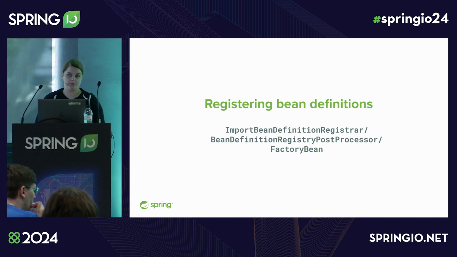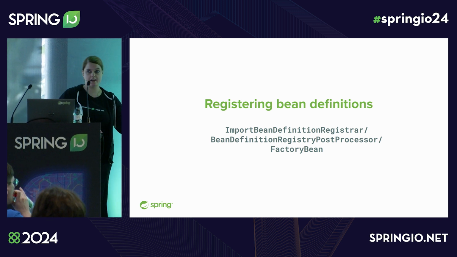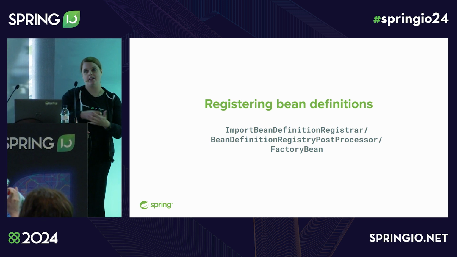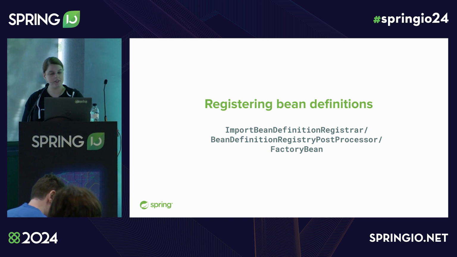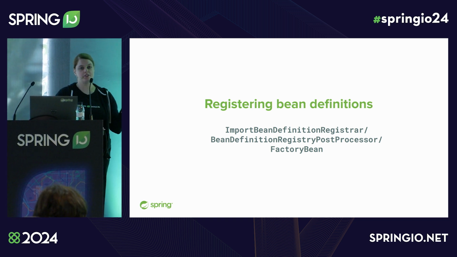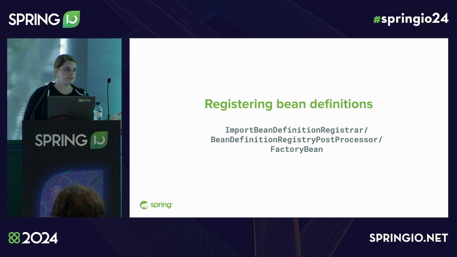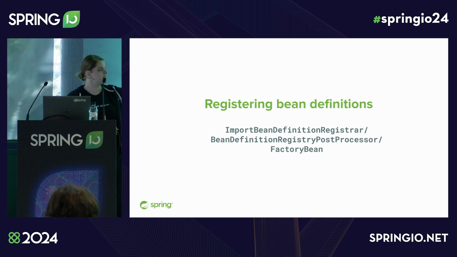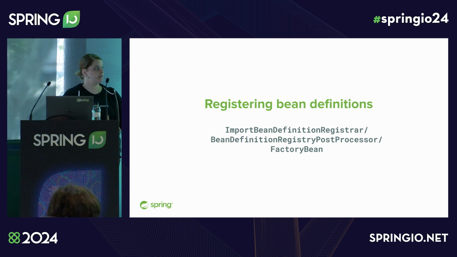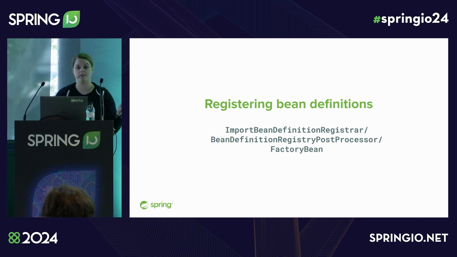And then once we have found these clients or decided what they should be like, and we have decided which proxies we need, and based on which interfaces we create these proxies, we need to add bean definitions. And this, again, can be done in various ways. There is a very neat interface, ImportBeanDefinitionRegistrar, which does exactly what it says it does.